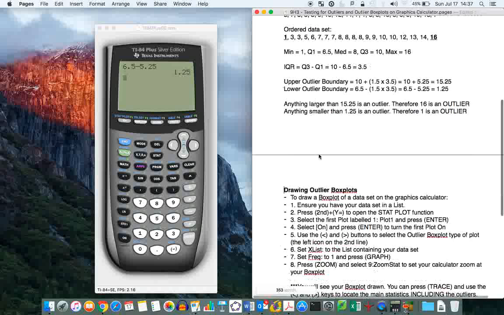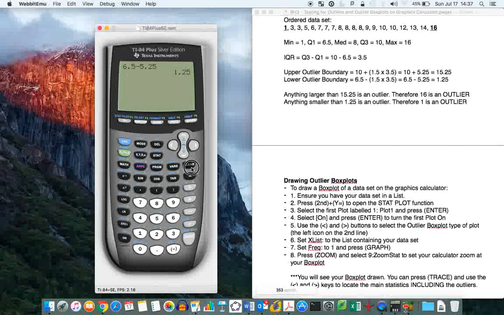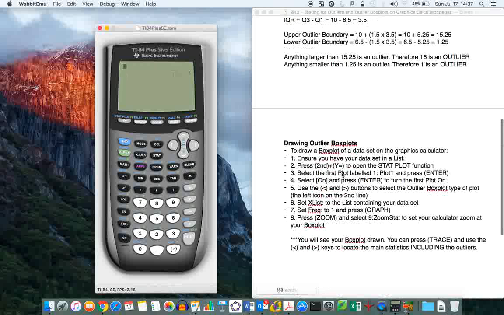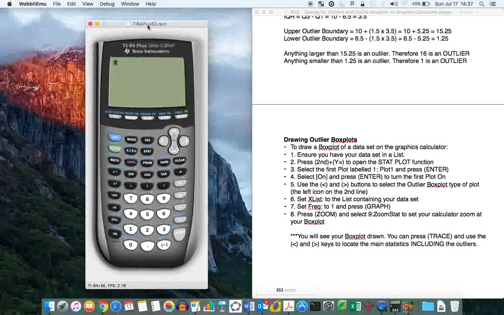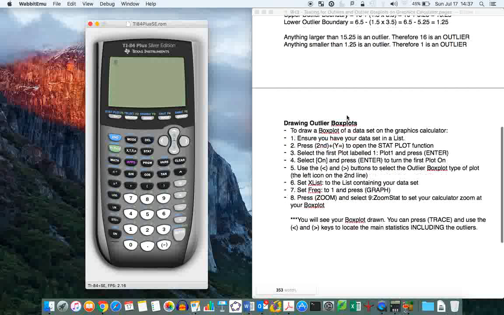Now, I just wanted to show you an application of that rule, drawing the box plots, because you conveniently have a method of doing that on the graphics calculator. And hopefully it comes up with the same conclusion as us, that 16 and 1 are both outliers. So how do you draw a box plot with outliers on it?